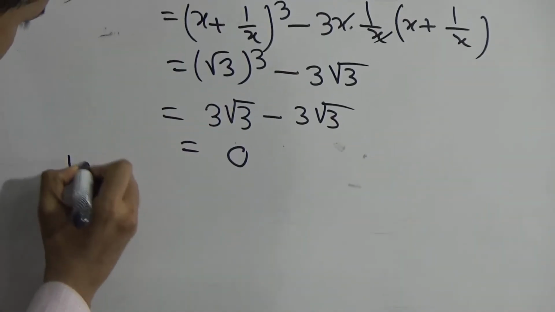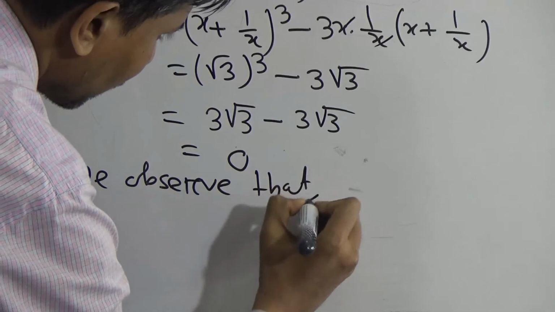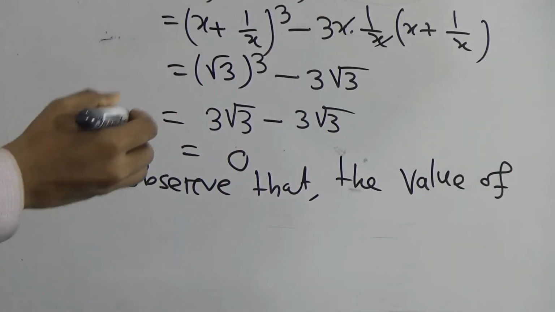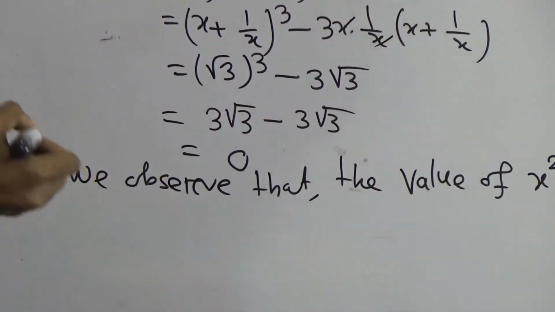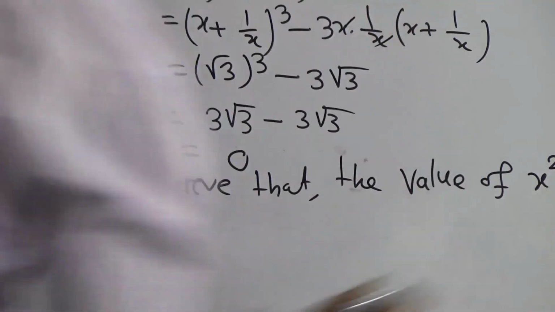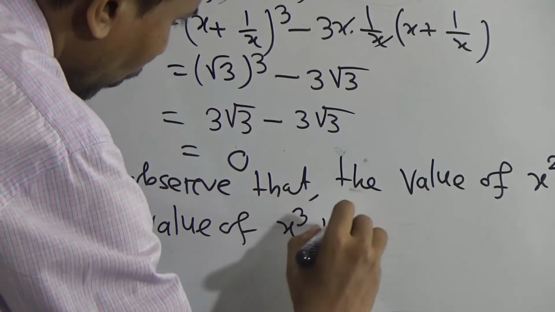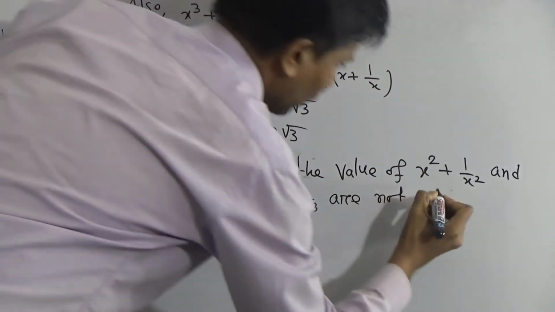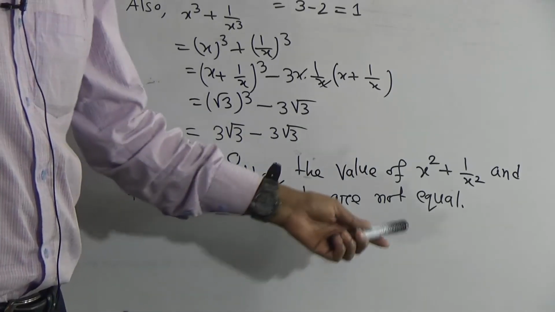We observe that the value of x square plus 1 by x square and the value of x cube plus 1 by x cube are not equal.